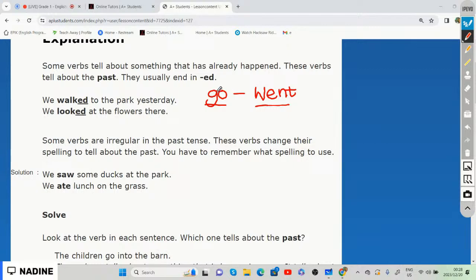So go is our present tense form. I go to the shop. In the past, I went to the shop.